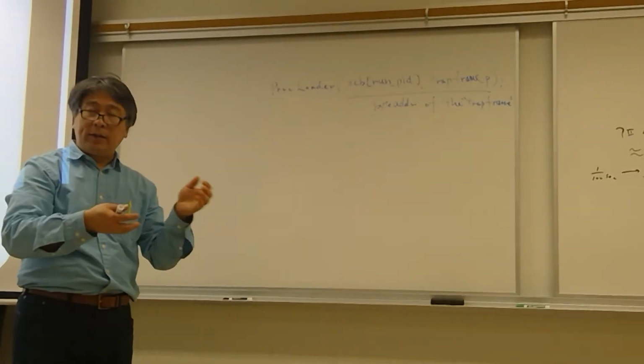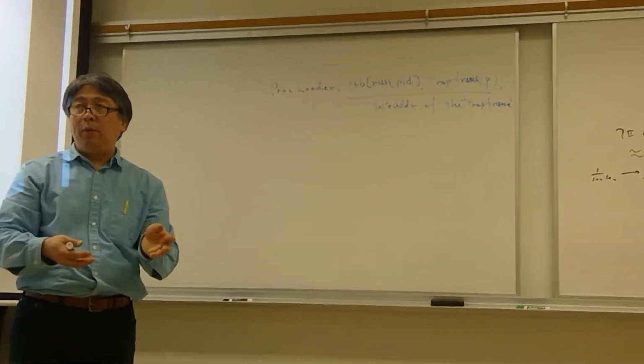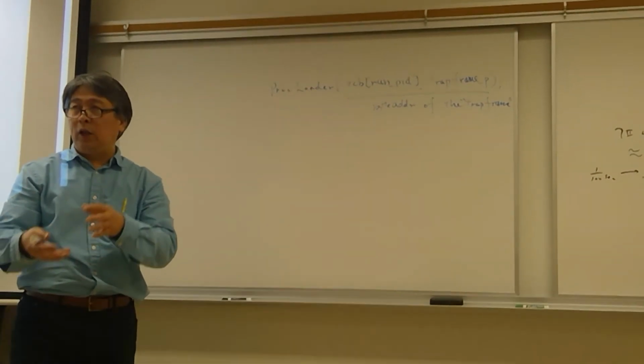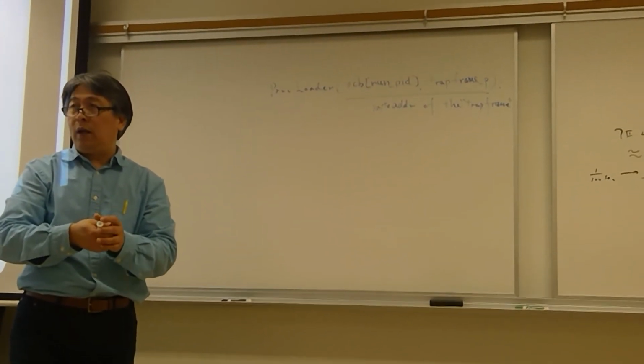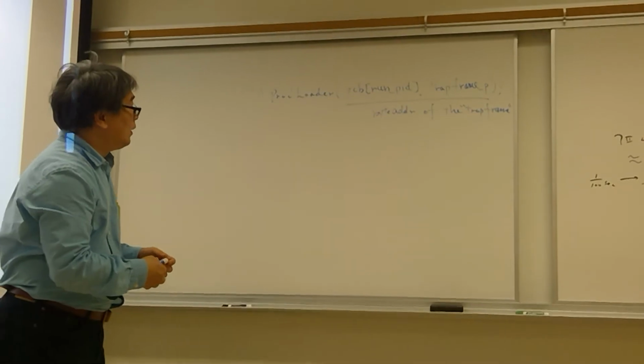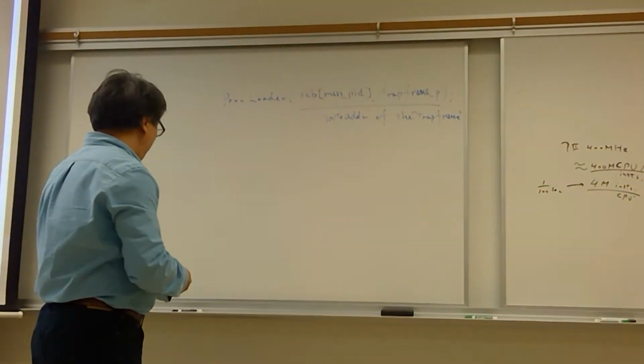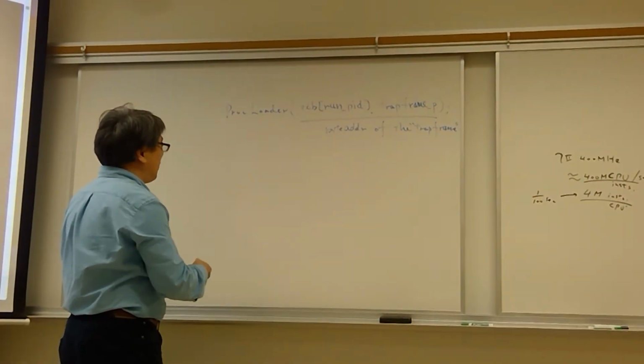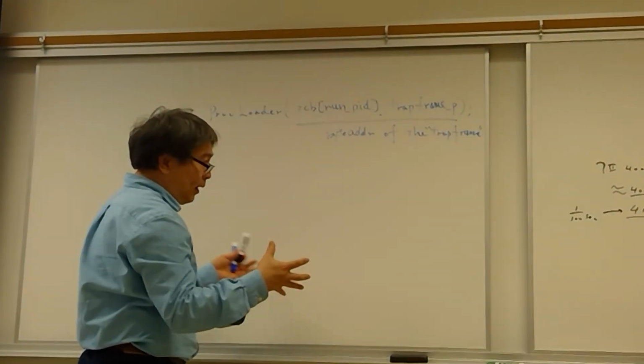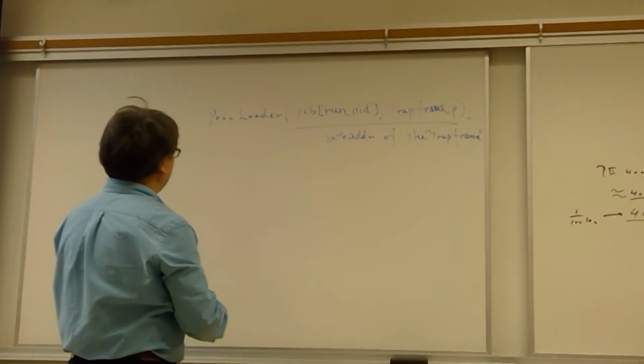So every process has this thing when it's not running. A running process does not have this, because it is loaded into the CPU to run. So it's the frozen state of a process. That's what the trap frame is. It's trapped inside this data structure.